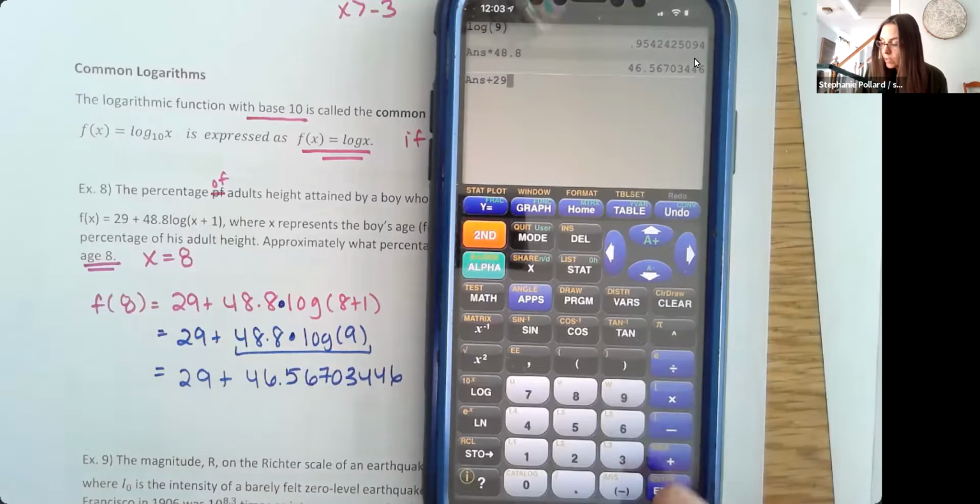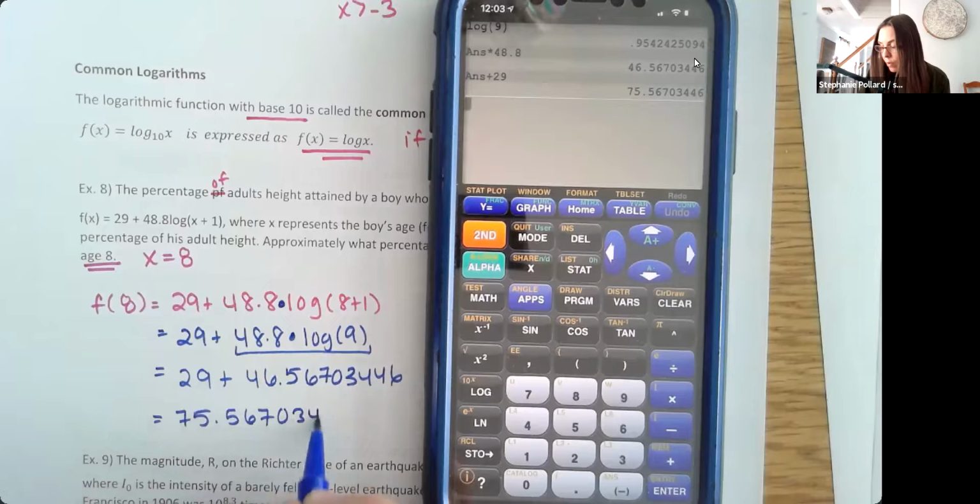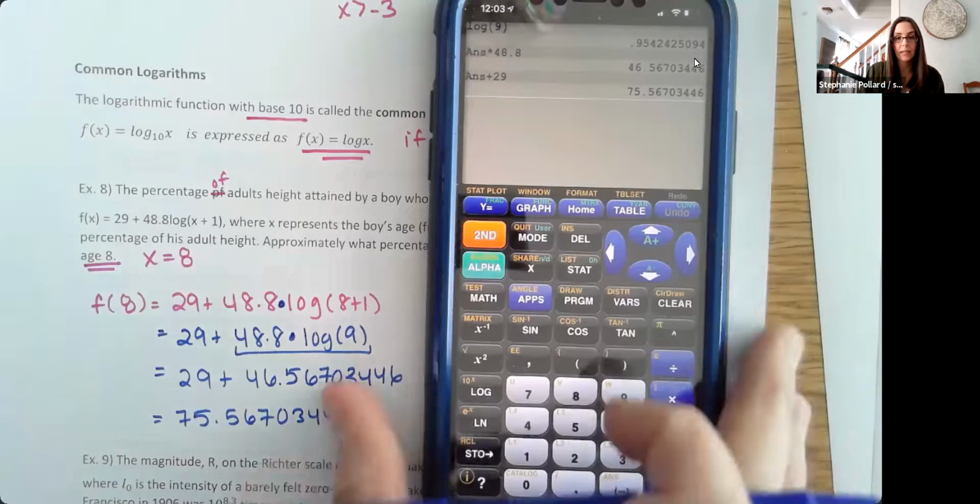I add 29 to it, and I get 75.5670346. When you're dealing with exponentials and logs, I highly, highly recommend you use all the decimals that are given. There are very easy ways to get rounding issues here because the numbers grow in certain areas so quickly that a rounding issue can make a really big difference. So use all your decimals and then round at the very end.